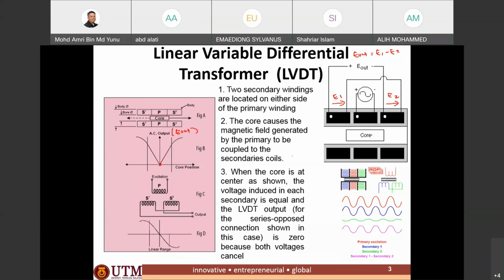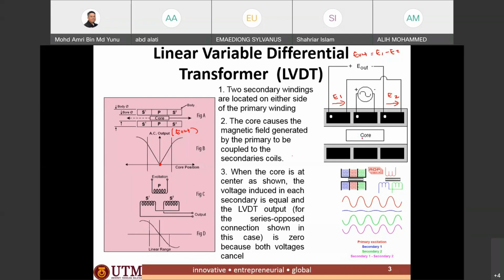Basically, the winding is placed around a hollow cylinder, and inside the cylinder there is a core of highly ferromagnetic material. This core moves to the left or to the right to represent the displacement.